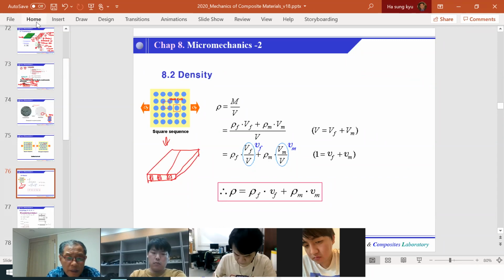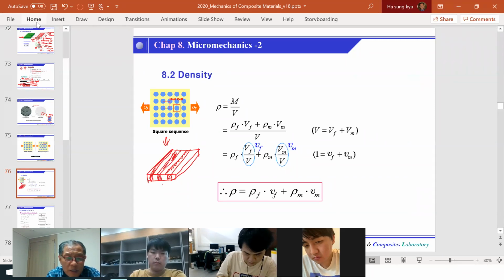Here again we have fibers. This is the fiber, and here we have another fiber, and so on.